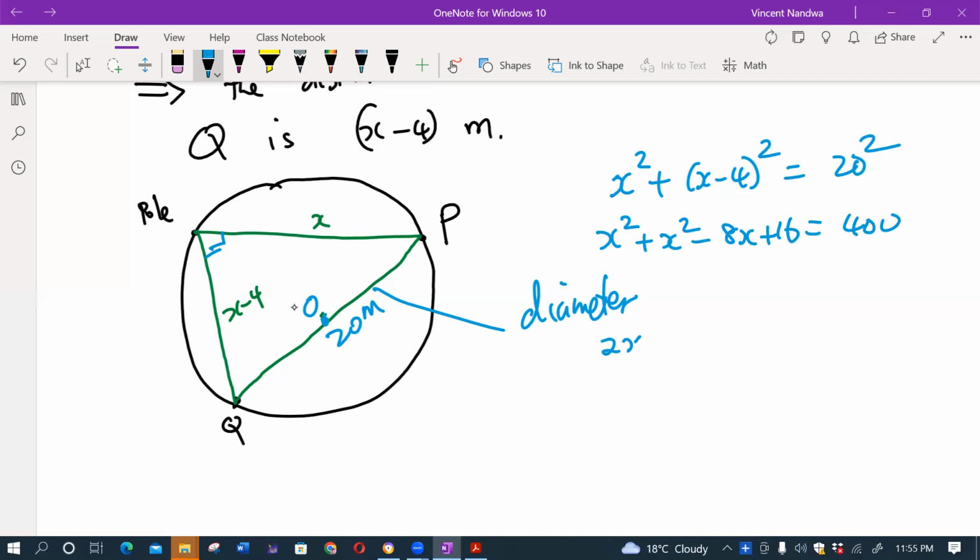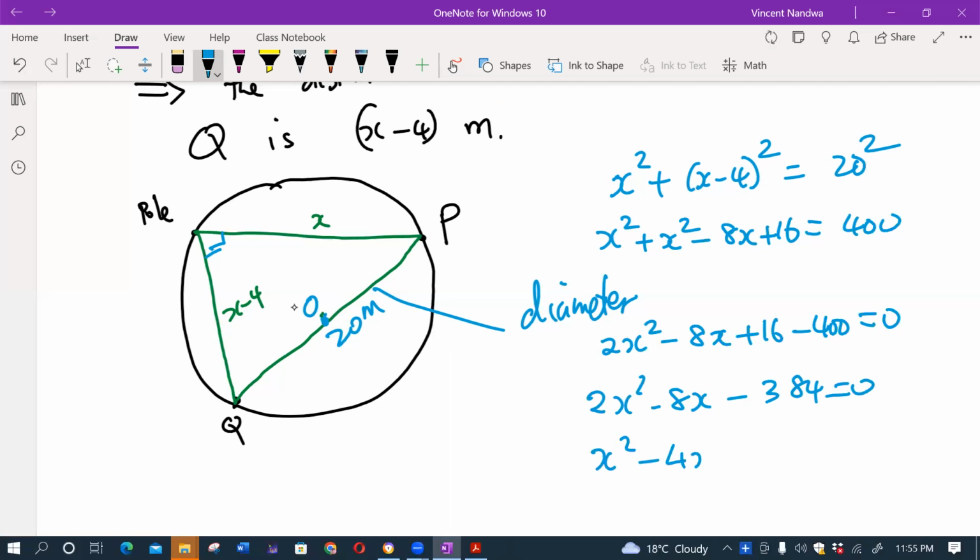So 2x squared minus 8x plus 16 minus 400 equals 0. 16 minus 400 is minus 384. So 2x squared minus 8x minus 384 equals 0. If I divide through by 2, I get x squared minus 4x minus 192 equals 0.